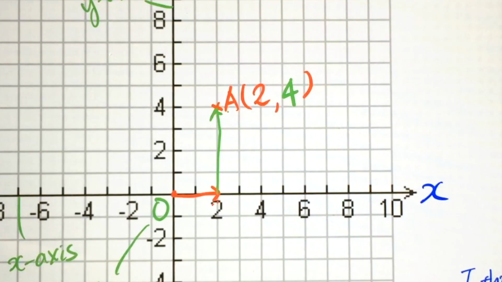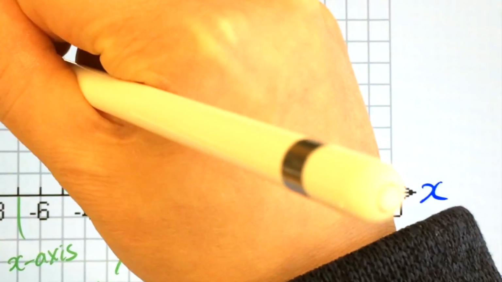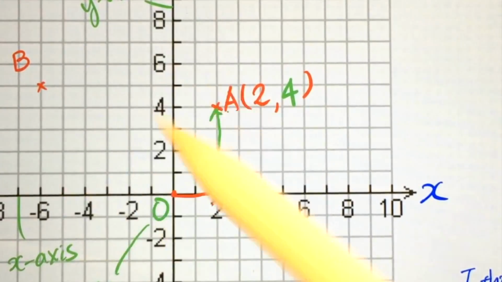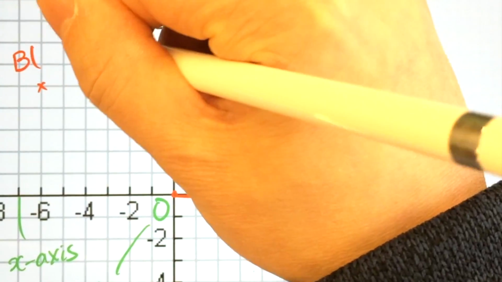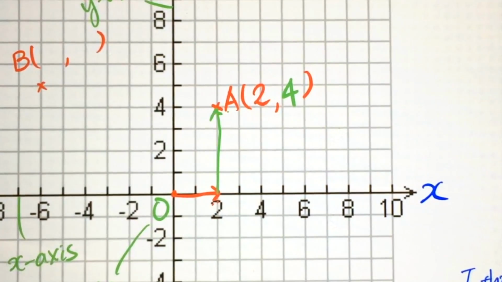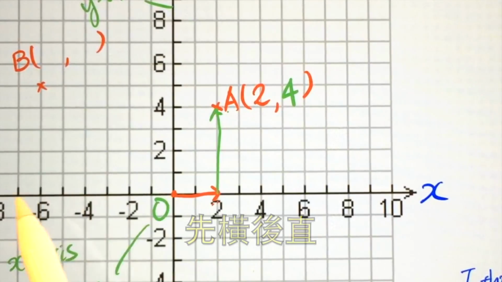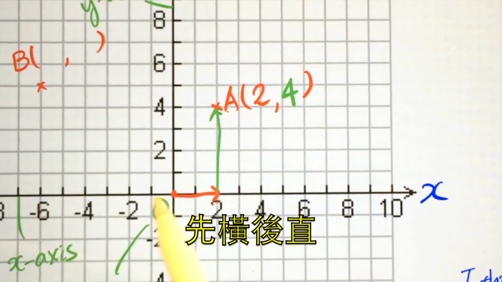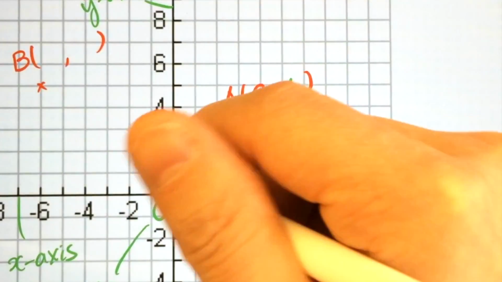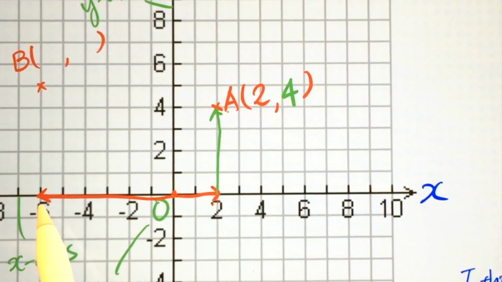Now, let's look at another point. Let's say point B here. Again, we have two numbers to represent the position of point B. Again, we start from the origin O, and then we move to the left-hand side first. Move in the horizontal direction first. So we can see that this is 6 units.